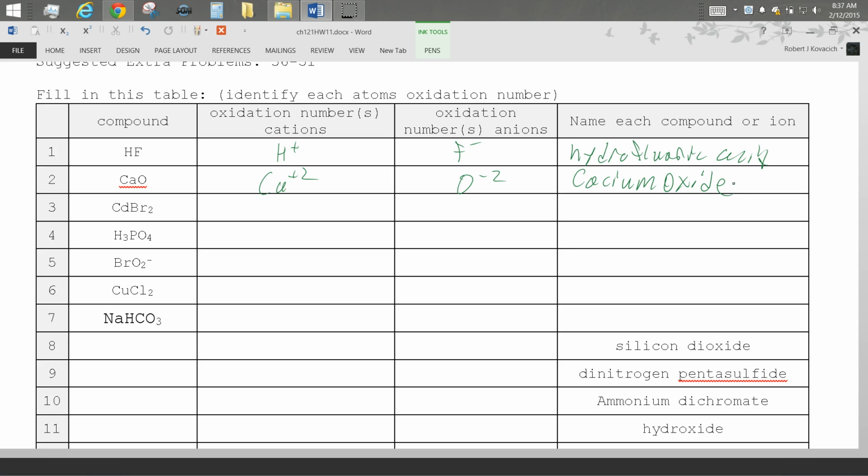Okay. All right, so who gets to be my cation? My cadmium, okay. And what's its charge? +2. That doesn't really look like a 2. And that makes my bromine my anion and negatively charged.